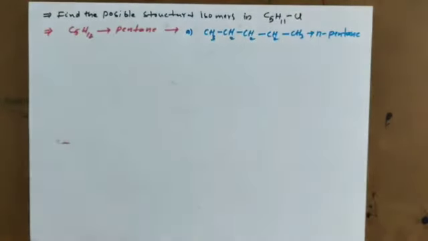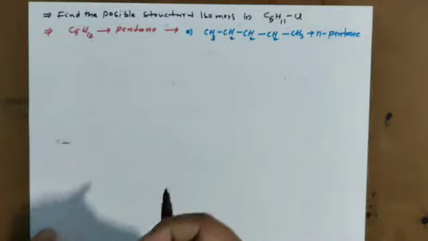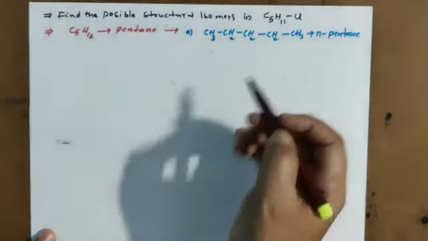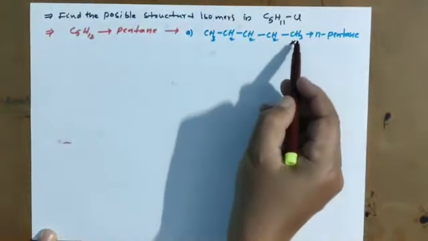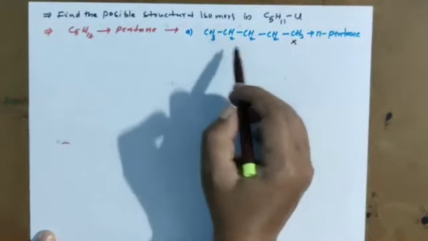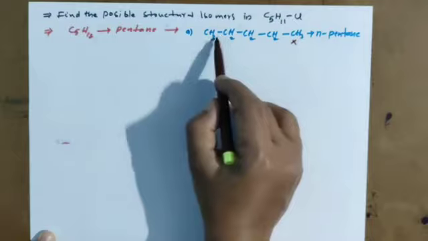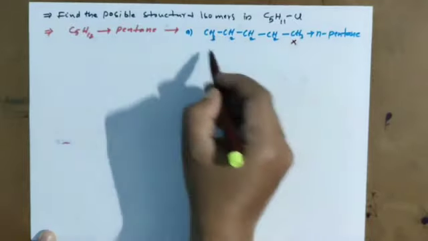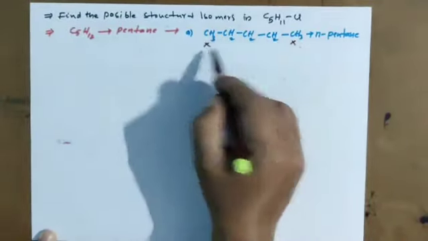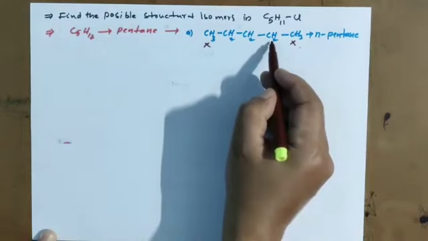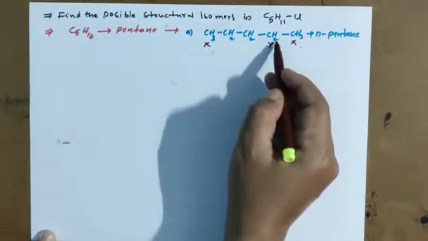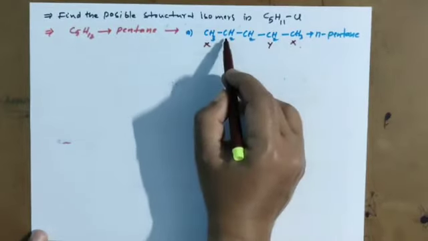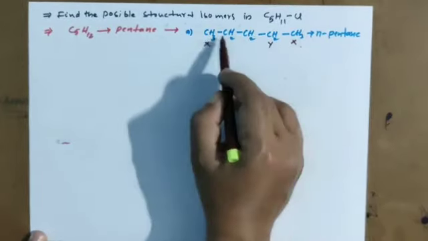How many types of carbon atoms are there in N-pentane? See here, this is X with 4 carbons. This carbon with X, 1, 2, 3, 4. So these 2 carbons are same. And you go for this carbon, this is different. Then compare this. And this carbon, this side 3, this side 1.